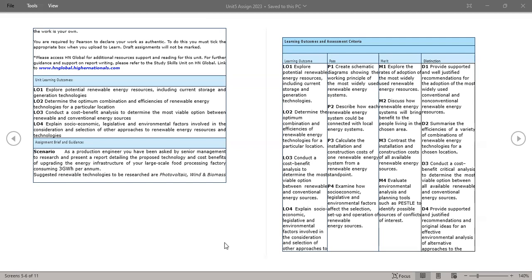For P3, M3, D3, we're asked to do a cost benefit analysis. My guidance would be the best way to do that is to target it through levelized cost of energy. It could also be done through energy return on investment. If you use levelized cost of energy, it's the sum of costs over a lifespan divided by the amount of energy generated over that lifespan.